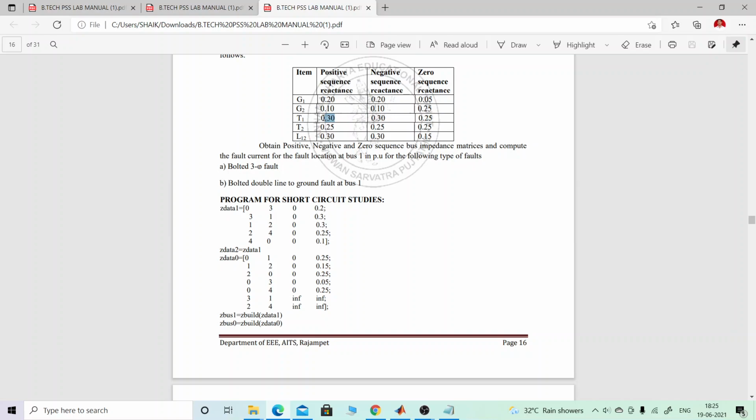Next, 1 to 2, 0, 0.3, that is line 1 to 2, which is 0.30.